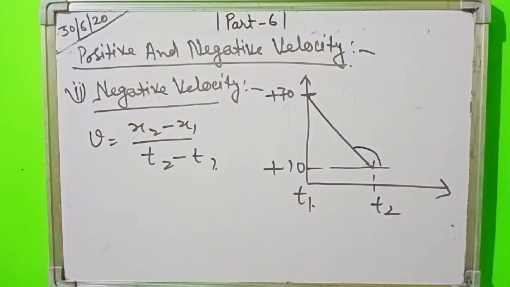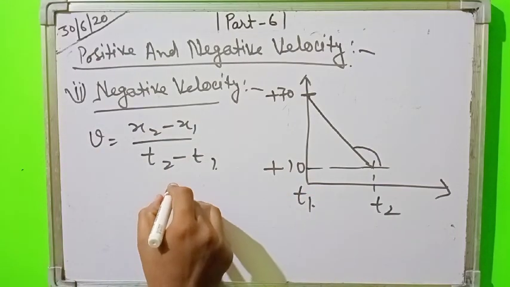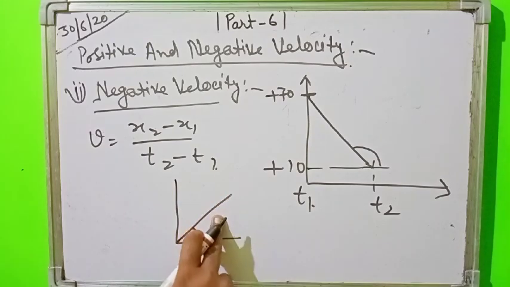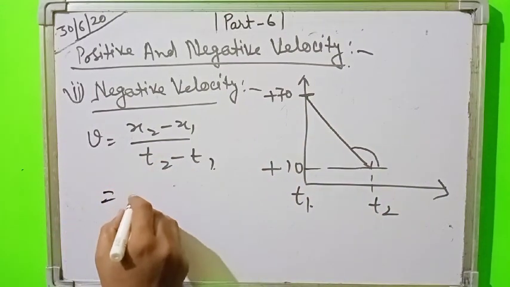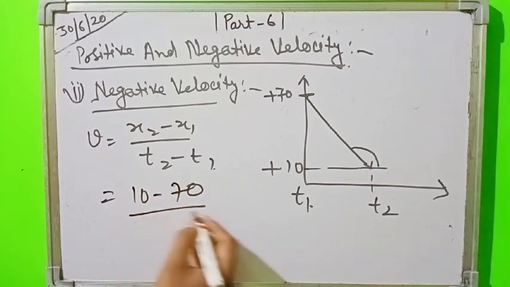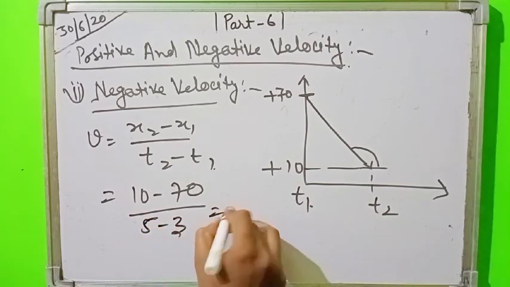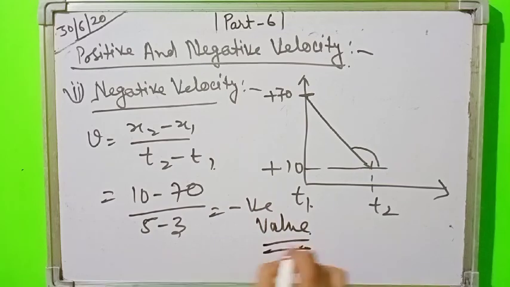Tan of this angle is always negative, and in the previous case tan of the angle was positive, so that was positive velocity and this is negative velocity. Here x2 is 10 and x1 is 70, upon, suppose t2 is 5 minus 3, so it will give a negative value.